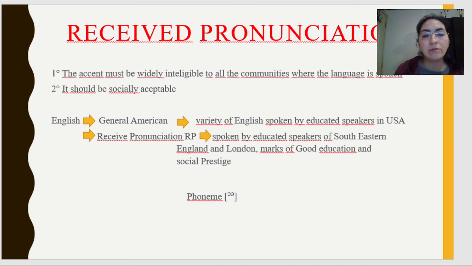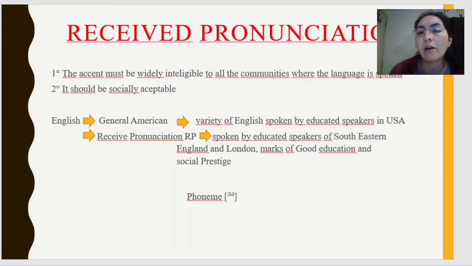Received Pronunciation. In most languages, there are different accents, depending on the region, education, age, and social class. If the language is not a mother tongue, and for ex-colonies, this will probably mean more differences, and we are learning a foreign language.